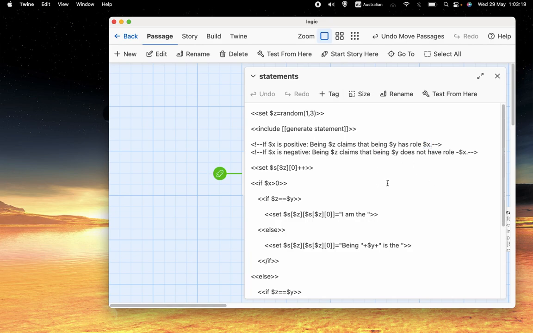But now we've added the possibility of negative statements, like that someone is not the angel or not the alien or something like that. And I've decided to represent that by giving X a negative value.